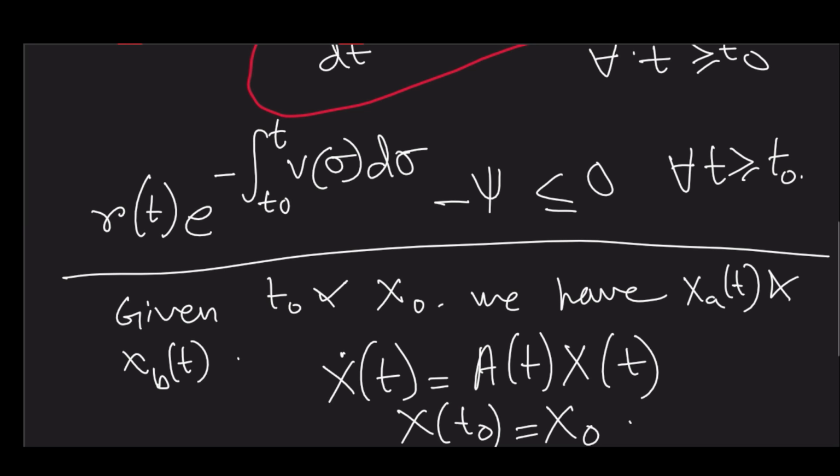So what will you expect? As XA and XB are, as per our claim, different, we can define their difference as Z(t) equal to this.